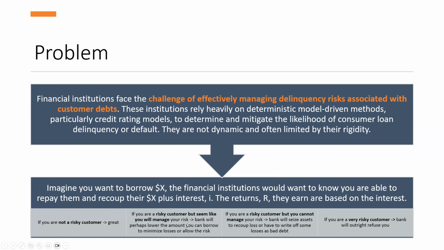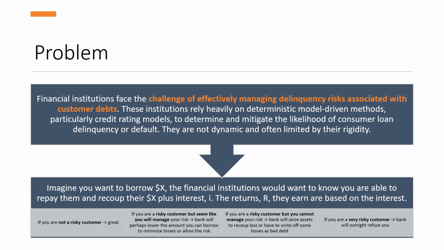But if you are a risky customer, but you seem like you will manage your risk, the bank will most likely lower the amount you can borrow to minimize losses or just allow the risk. If you're a risky customer, but you cannot manage your risk, well, potentially the bank will seize assets to recoup the loss or have to write off some of the losses as bad debt, which is bad for their business, right? And if you're a very risky customer, the bank will outright refuse you.